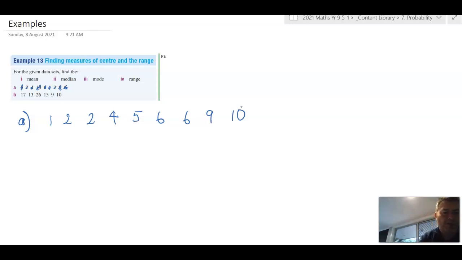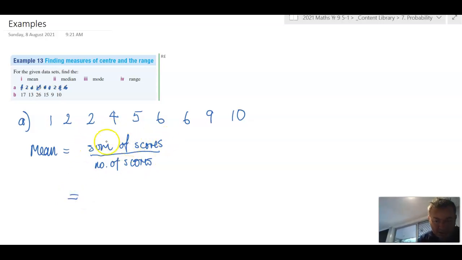The first thing I'm going to find is the mean. To calculate the mean, I need to find the sum of all the scores and divide it by the number of scores that I have. The sum of the scores: 1 plus 2 is 3, plus 2 is 5, 9, 14, 20, 26, 35, 45.